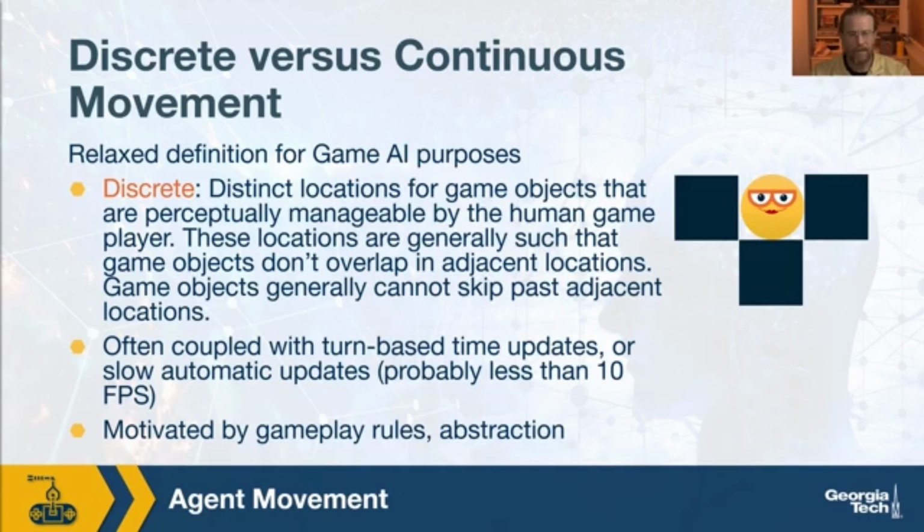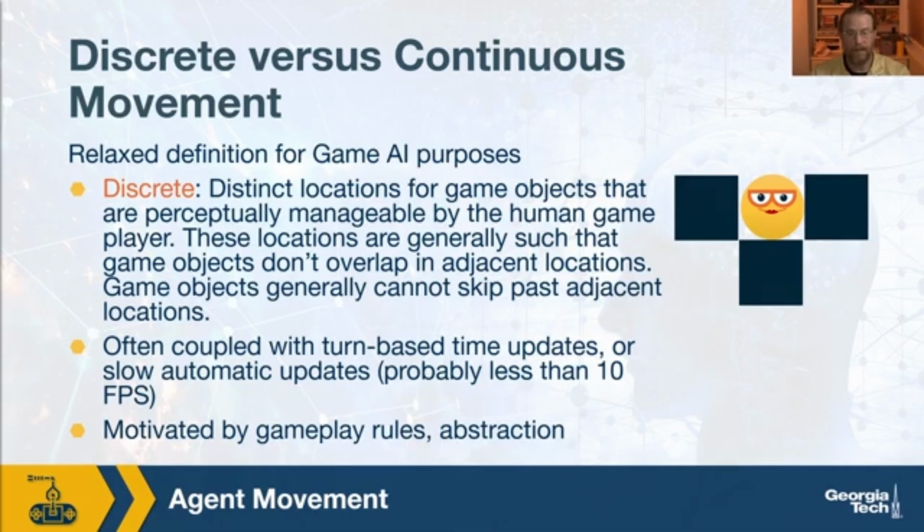So you'll often also see discrete movement coupled with either turn-based time updates or slow automatic updates. Basically, the simulation might update, and we'll take a look at how we might represent a simulation in a couple slides here.